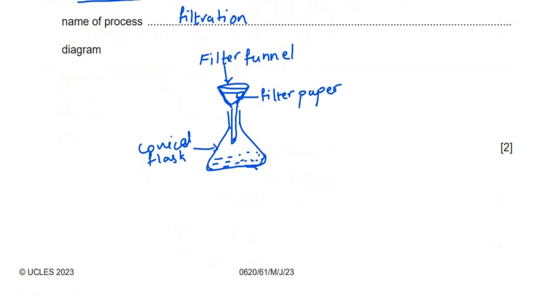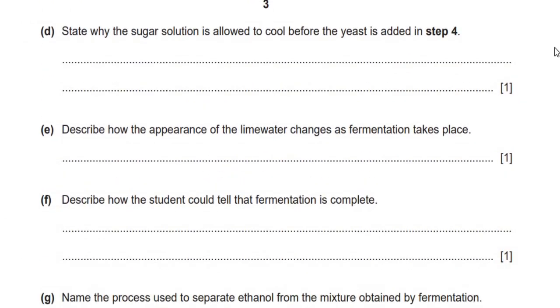So let's go ahead with the next question here. The D sub question says state why the sugar solution is allowed to cool before the yeast is added in step 4. Now if we are adding yeast, the solution needs to be cool, because the yeast gets denatured at a higher temperature.